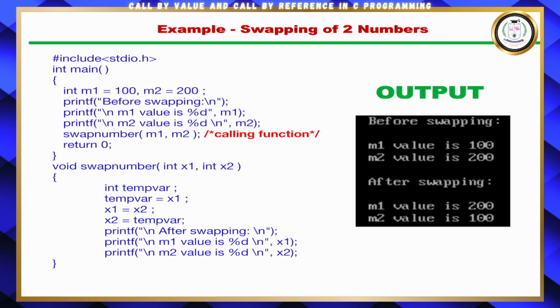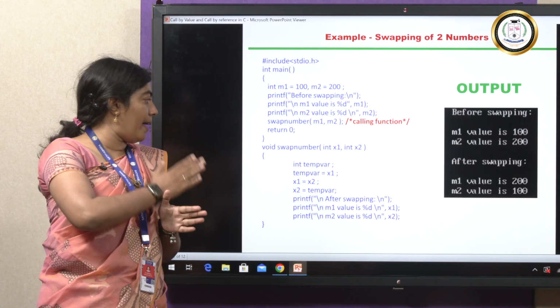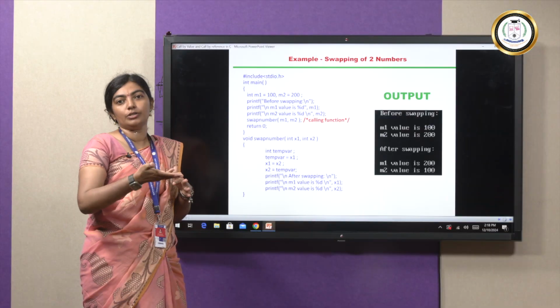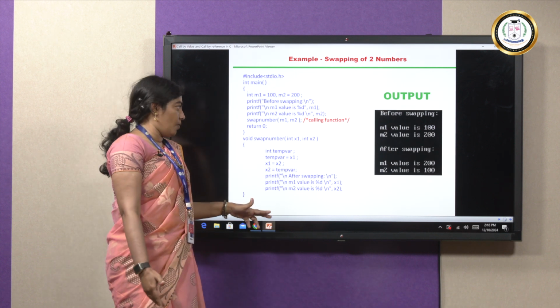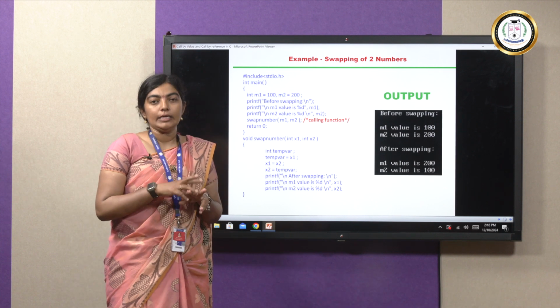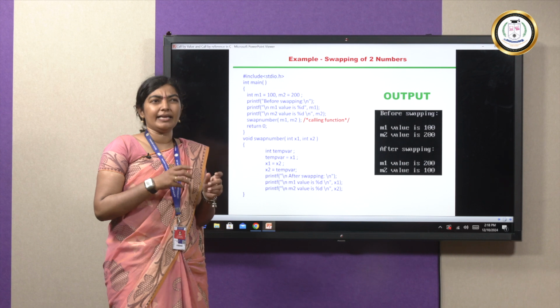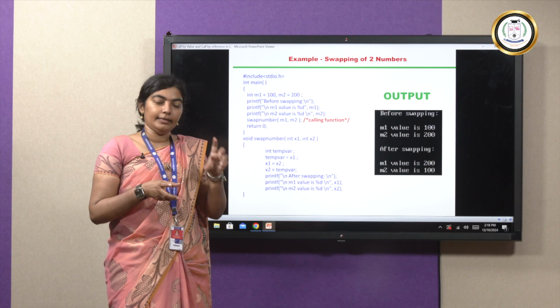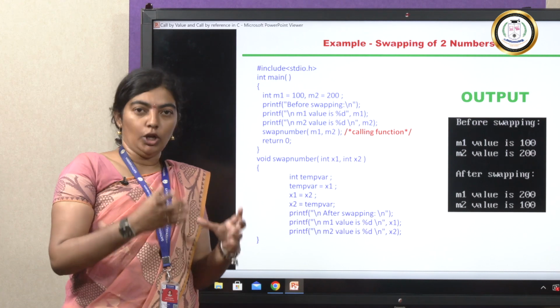This is an example for swapping of two numbers. That is, for A, I use a value 10. For B, I use a value 20. Now, what I am going to do is swap the values, so that A is equal to 20 and B is equal to 10. Right? One thing, we can't swap the values directly in C. So what we have to do is like the water jug problem. Think that beaker A contains red color water and beaker B contains blue color water.